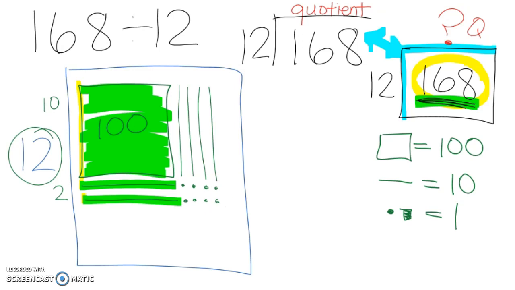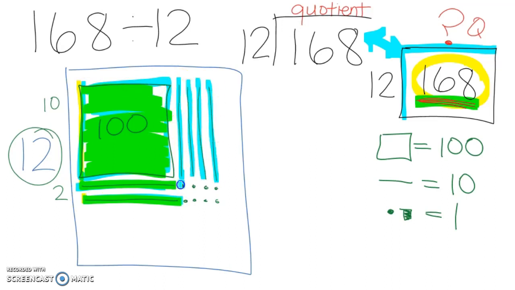Now we have 168 inside. Let's count that. 100, 10, 20, 30, 40, 50, 60, 61, 62, 63, 64, 65, 66, 67, 68.